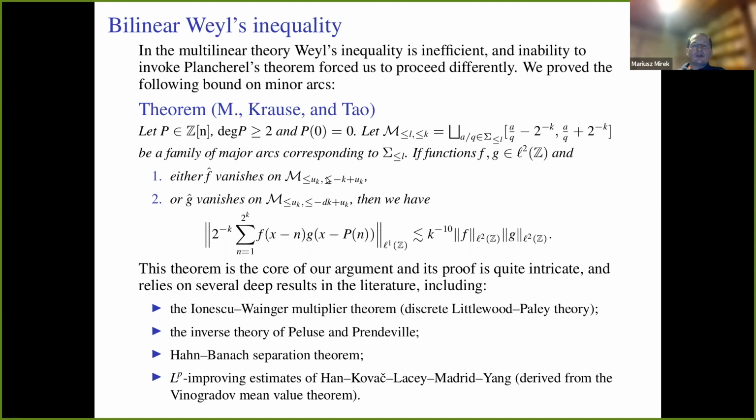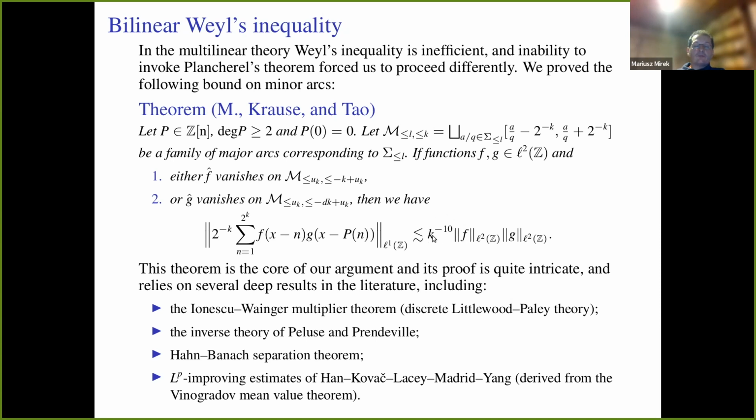So in other words, it vanishes on major arc, which is the union of intervals centered at rational fractions with small denominators in terms of the underlying scale. And it turned out that if we assume that we are in this situation, then the L1 norm, we can beat the trivial bound that comes from the Cauchy-Schwarz inequality, which gives the constant 1 here, and we can say a little bit more.